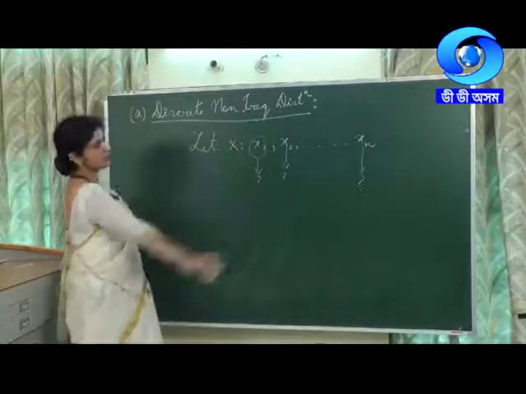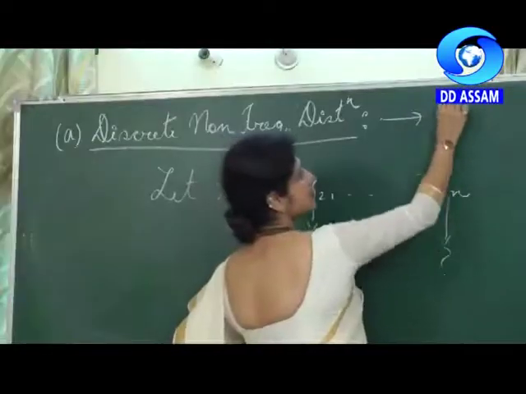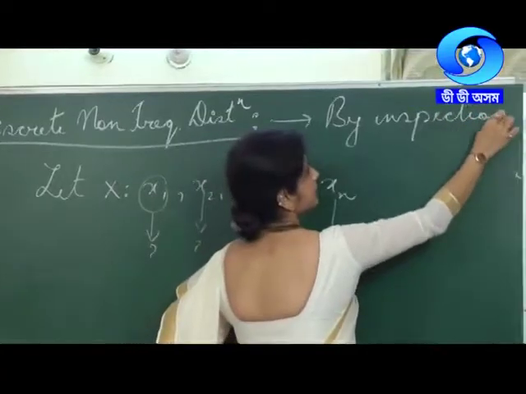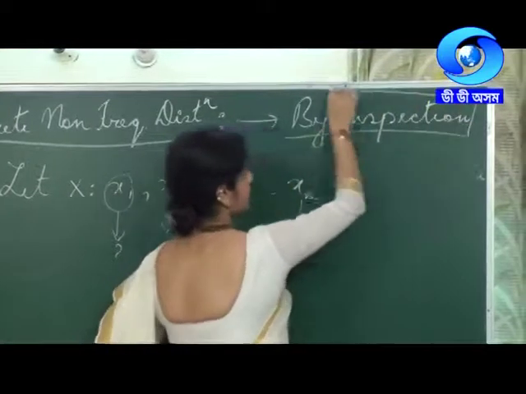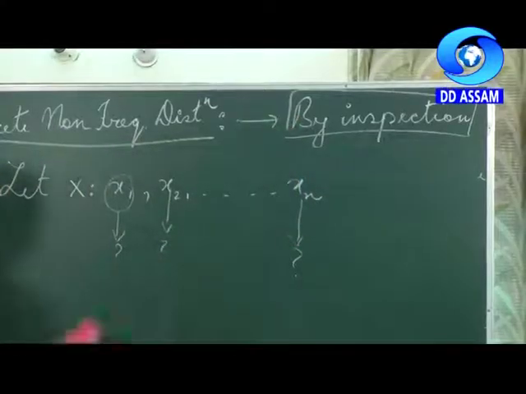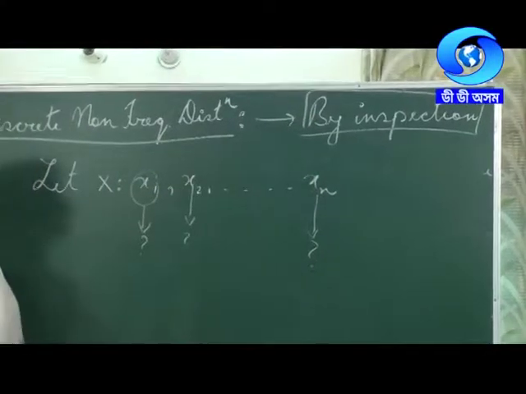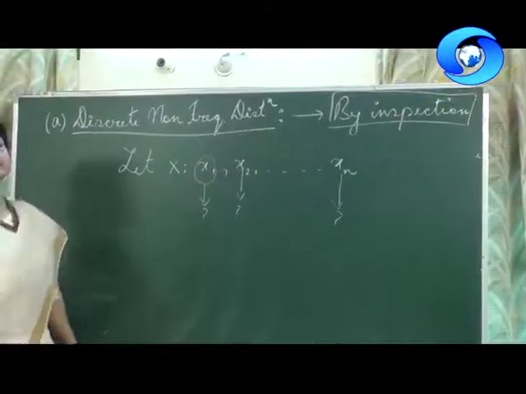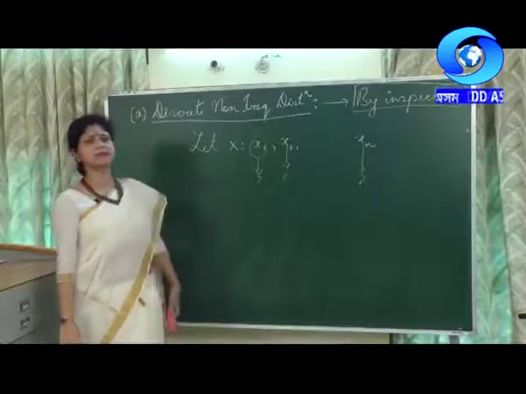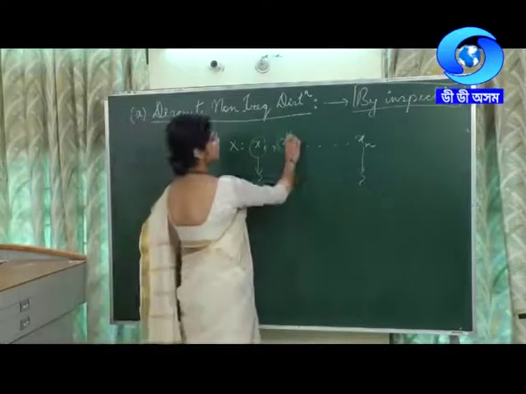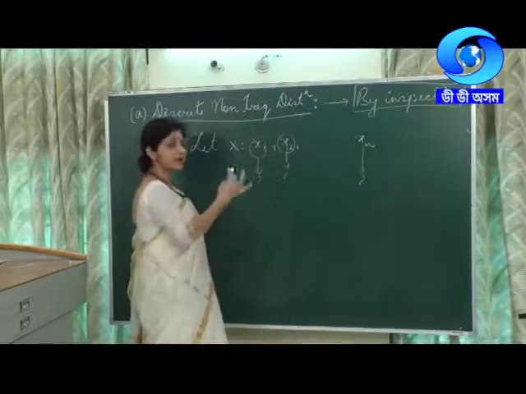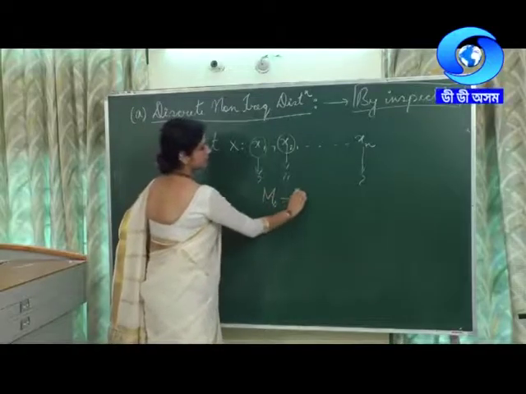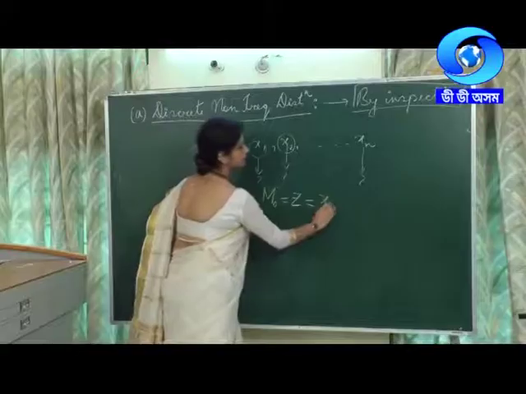So for a discrete non-frequency distribution, by mere inspection only, আমি distribution to লৈ চাই আমি তাৰ পৰা যে x1 এটা ভ্যালু কিমান বার অকার কৰিছে, x2 নো কেইবাৰ অকার কৰিছে, xn কেইবাৰ অকার কৰিছে, we have to find out and then the value which occurs the maximum number of times, supposing x2 is occurring maximum number of times, in other words x2 has the highest frequency, then mode will be x2.